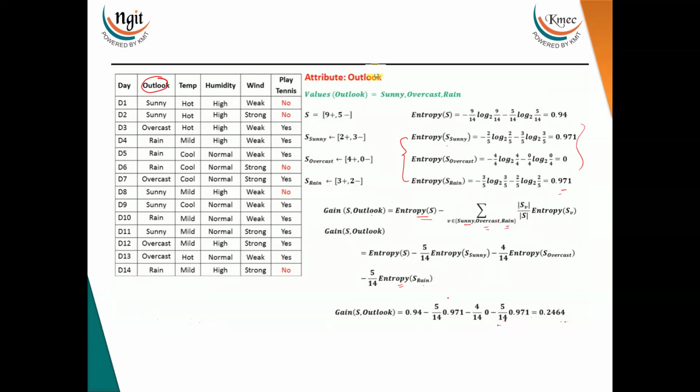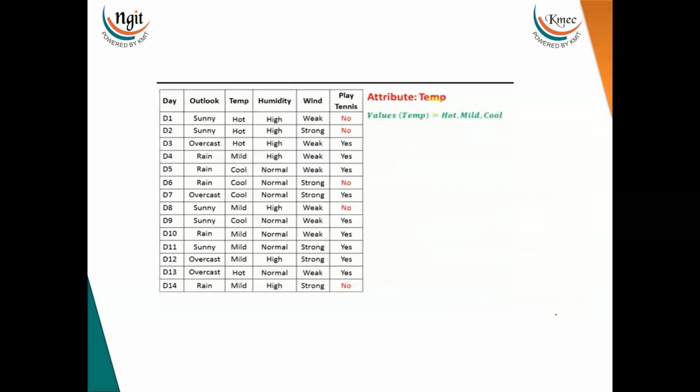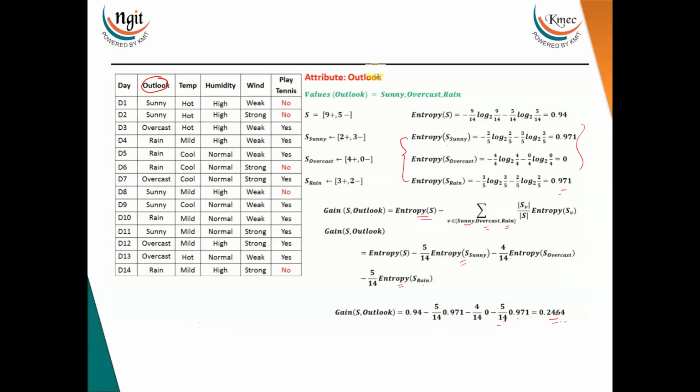So the entropy is 0.94, minus 5 by 14 into the entropy of S sunny, minus 4 by 14 into 0, because we got S overcast as 0, minus 5 by 14 into 0.971, which is the entropy of S rain. We will get a value of 0.2464. So the information gain of outlook is 0.2464. Just make a note of this value.